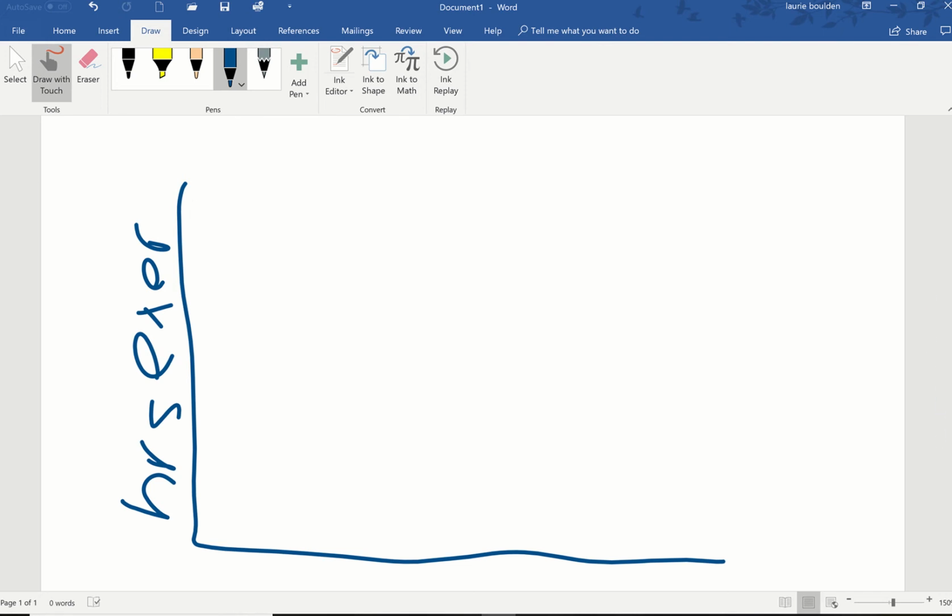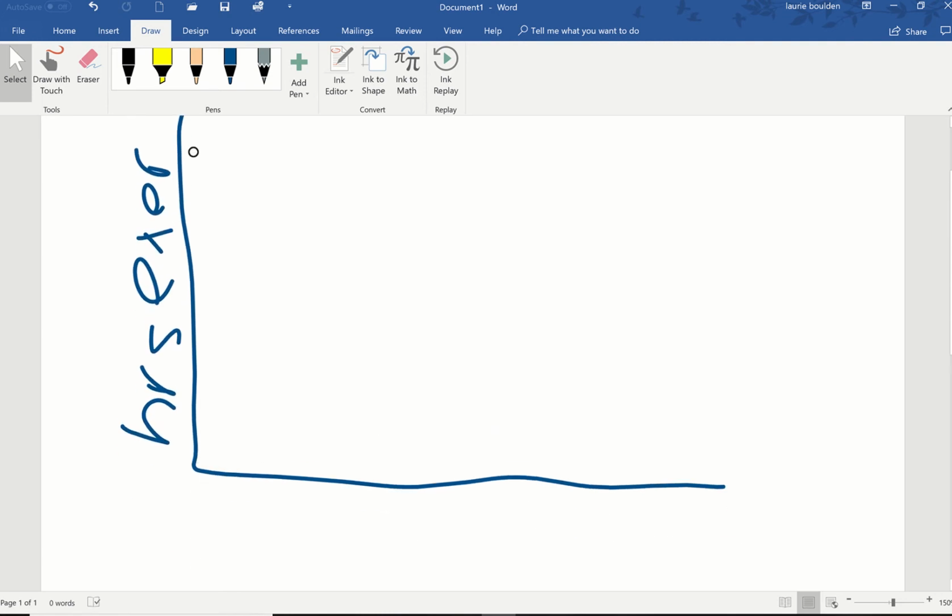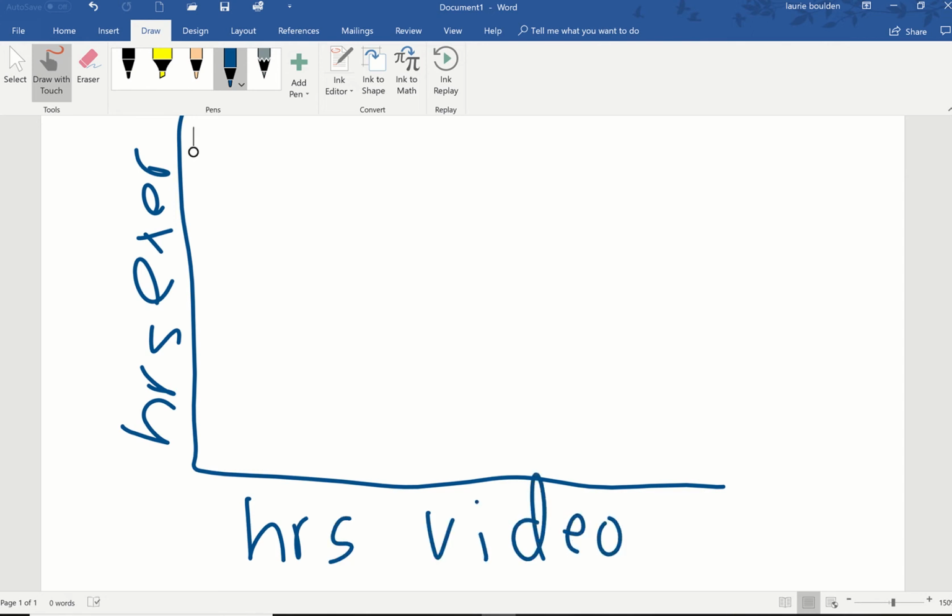And then on the other axis, we're going to do hours of video games. And then you can mark your hours. When you look at your data table, you'll notice the most video hours looks like it's around 16.5, so 16 and a half.